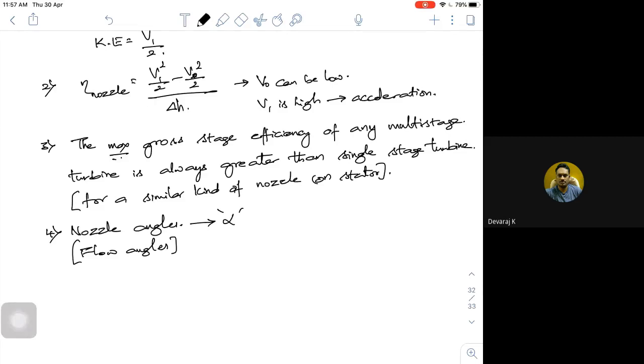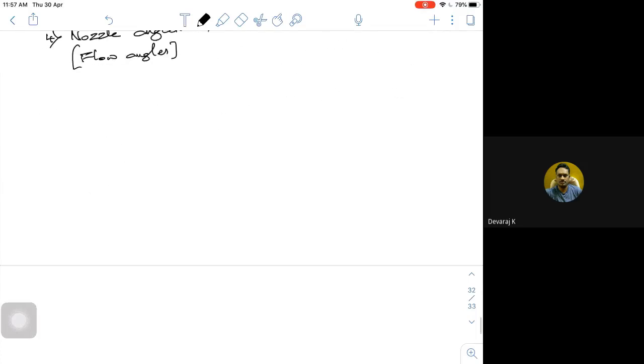So for different positions, the most important thing here is we put phi as U by V1, and stage efficiency here. This is your stage efficiency.